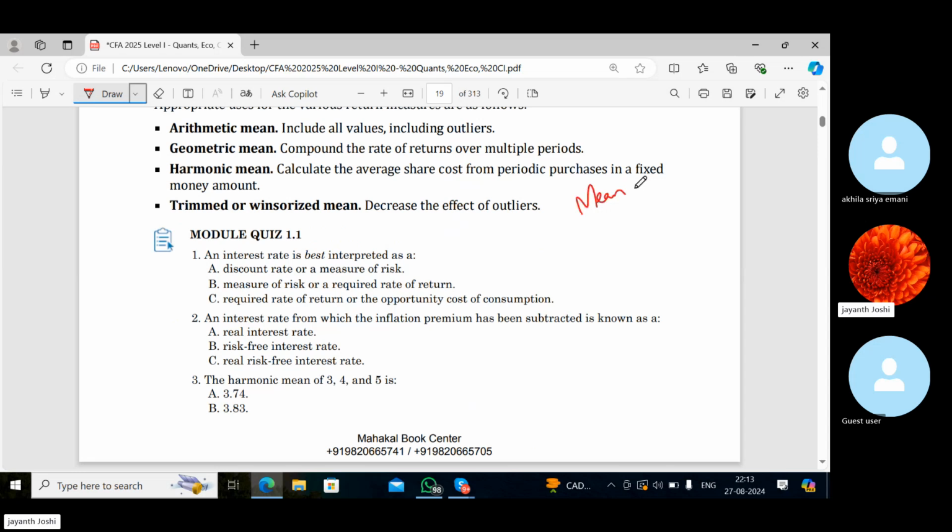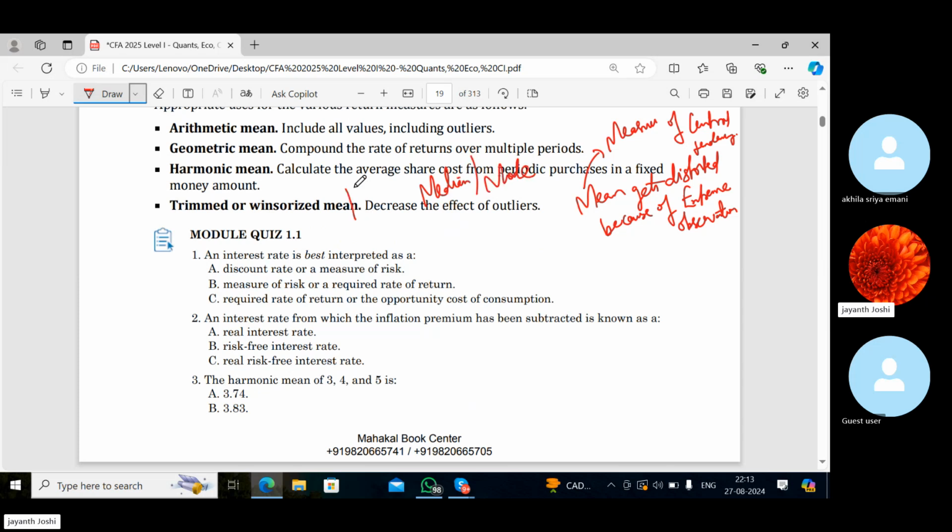Mean gets distorted because of extreme observations, and this is one of the measures of central tendency. Mean is one of the averages. Like that you have median, like that you have mode. Mean, median, mode are three types of averages.